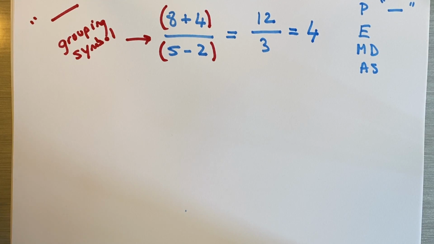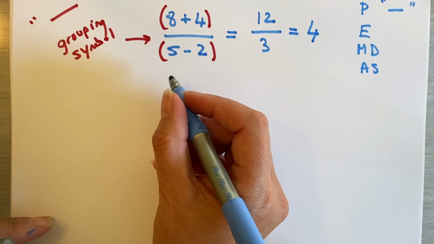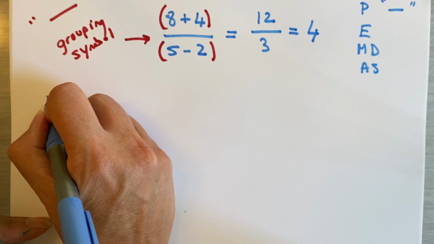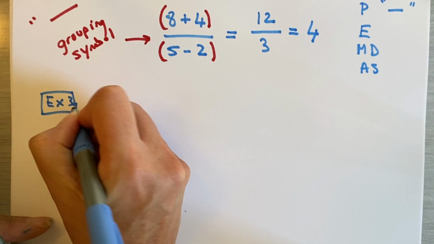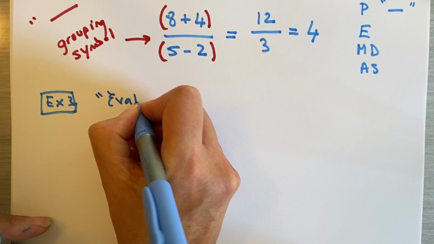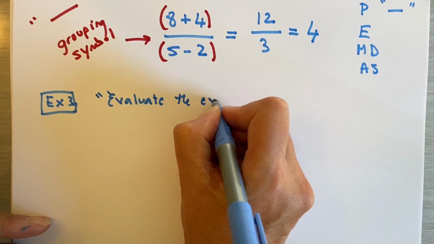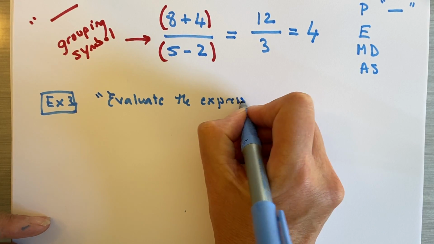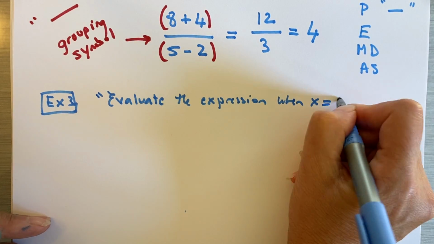Okay, so I wanted to do this because we are going to use it in the next problem, example 3. Example 3 has the instructions: evaluate the expression when x equals 4.